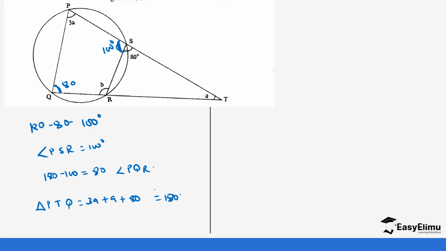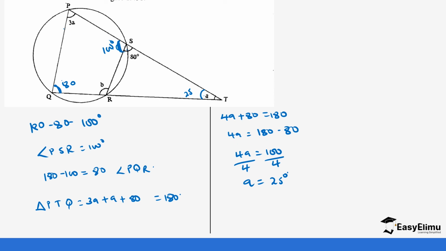So let's do the math. 3A plus A is 4A, plus 80 equals 180 degrees. So 4A is going to be 180 minus 80, which gives us 100. So 4A equals 100 degrees. You divide by 4, you get the value of A is 25 degrees. So this angle here is 25.